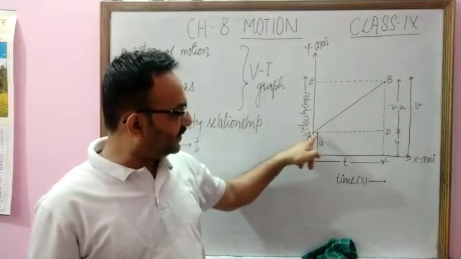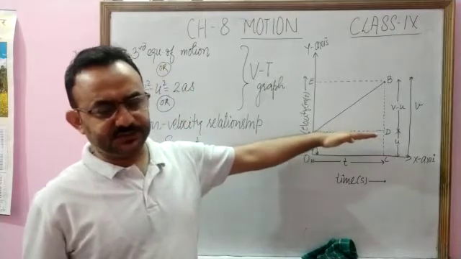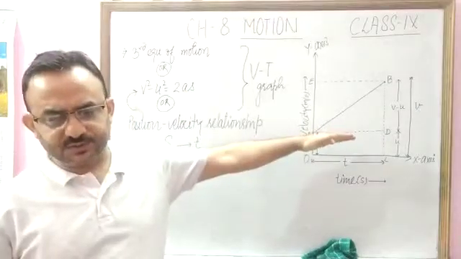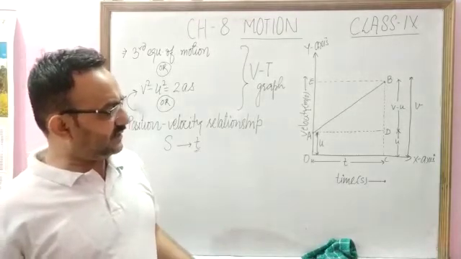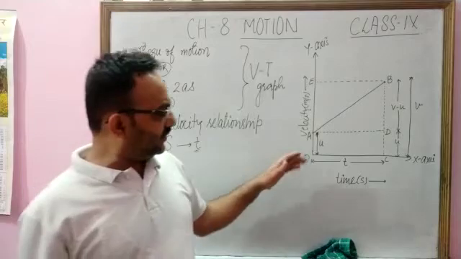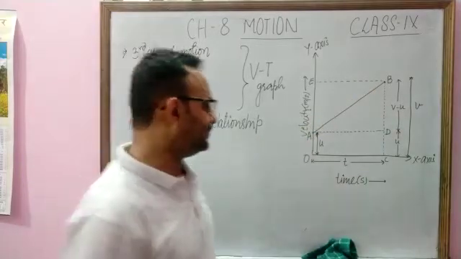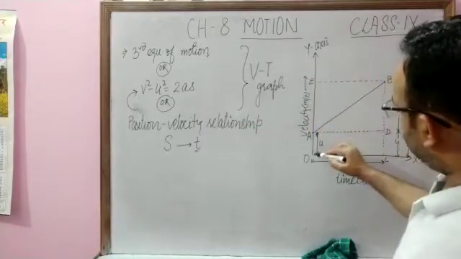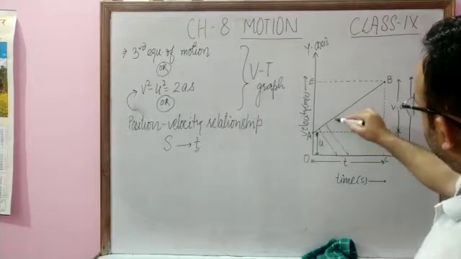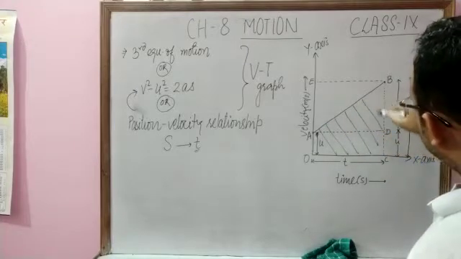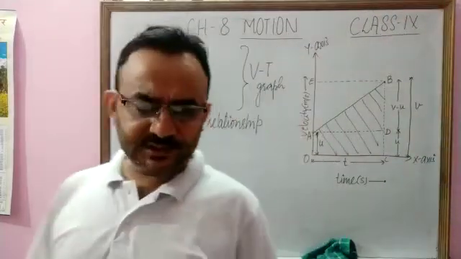If you see the area under the velocity time graph AB, that is equal to the area of a trapezium. Here OABC is one kind of trapezium. Clear?